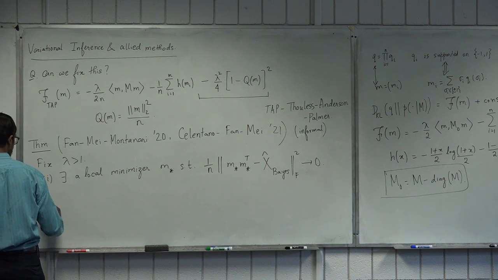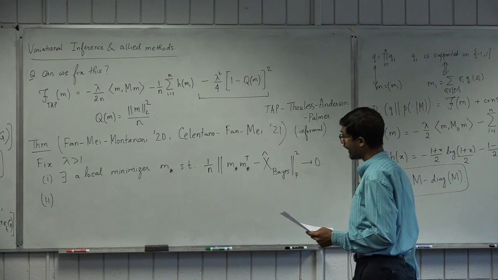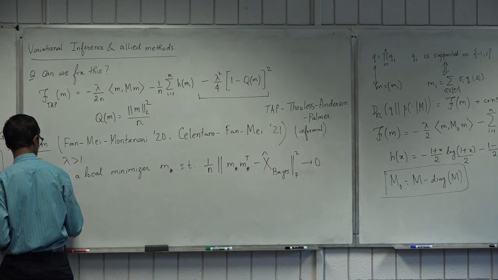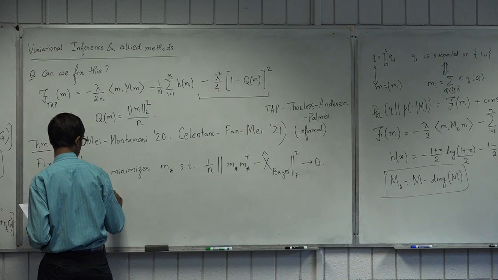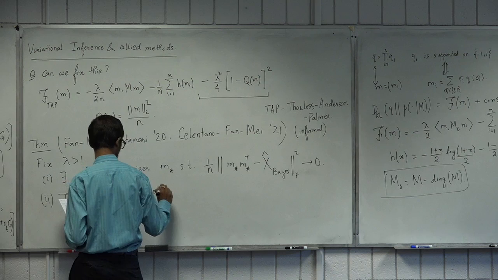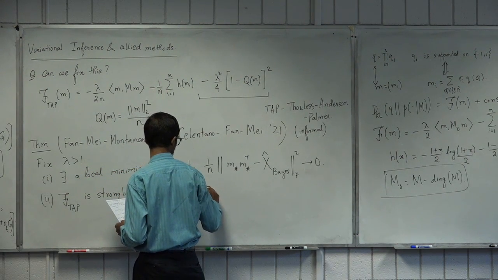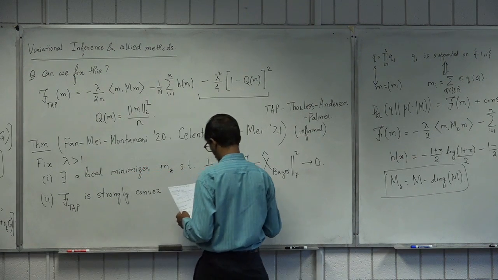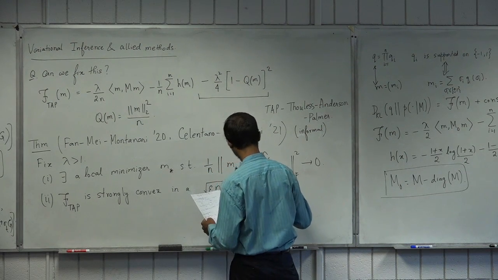So this is the statistical result. The next parts of this result are essentially algorithmic or of an optimization theoretic flavor, and they say that f_TAP is strongly convex in a square root epsilon n neighborhood of m star.